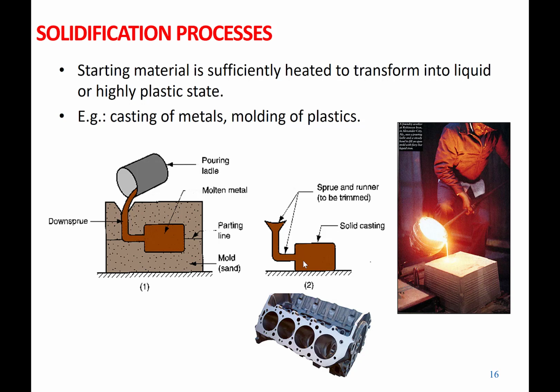Then there was a joining process, that was welding. And then there was a regenerative process where a layer by layer approach is used for getting the desired product, realizing the desired size and shape.